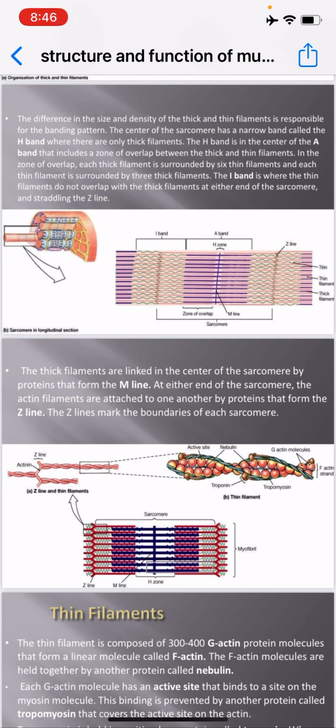In the zone of overlap, each thick filament is surrounded by 6 thin filaments and each thin filament is surrounded by 3 thick filaments. The I band is where the thin filaments do not overlap with the thick filaments at either end of the sarcomere, straddling the Z line. So this is how it is explained in the diagram as well.